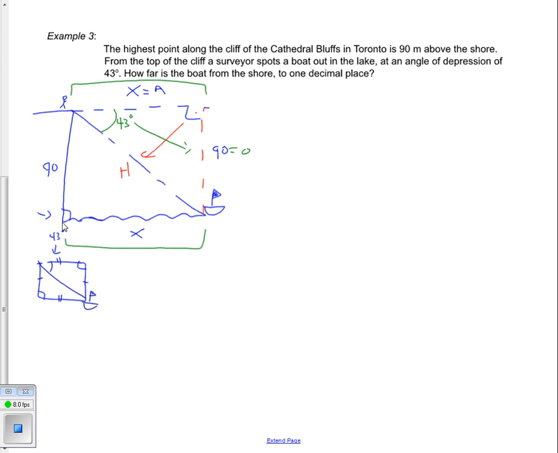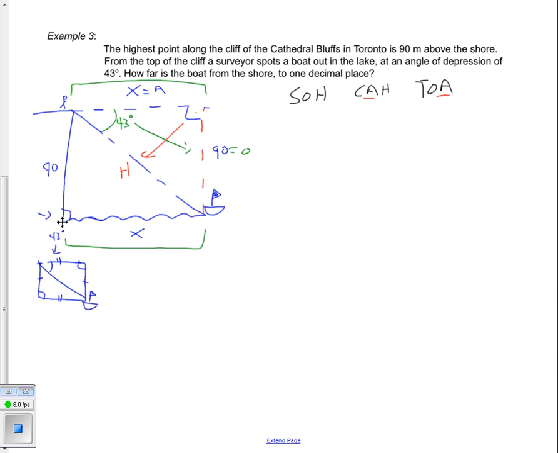If we want to figure out which trig ratio to use, again, we go through SOH CAH TOA. What are we trying to solve for? We need to figure out the value of x. That's the adjacent side length, which is what we're looking for.